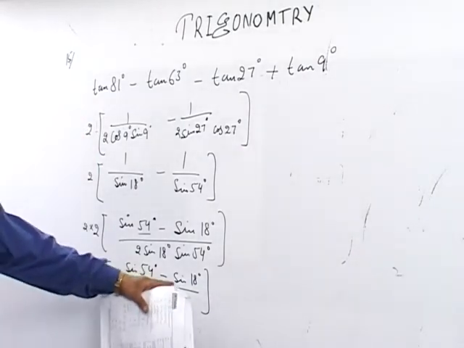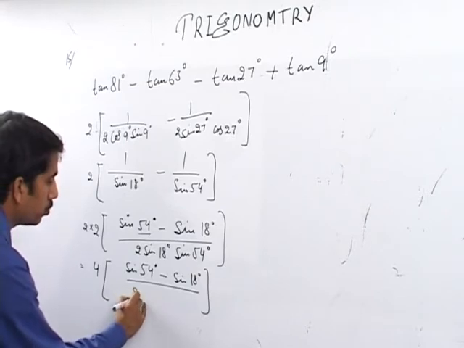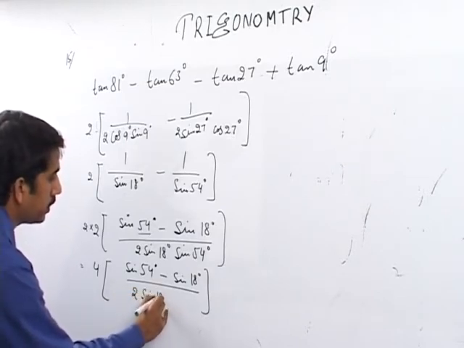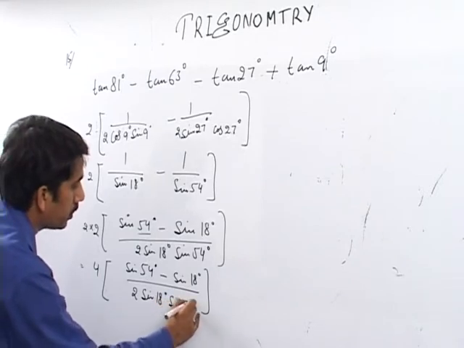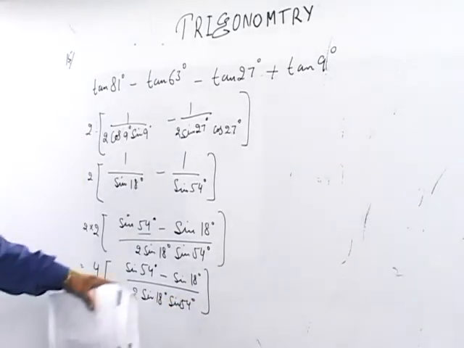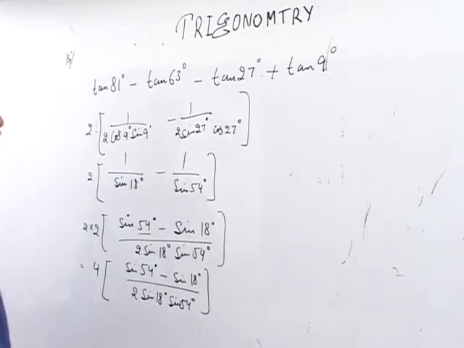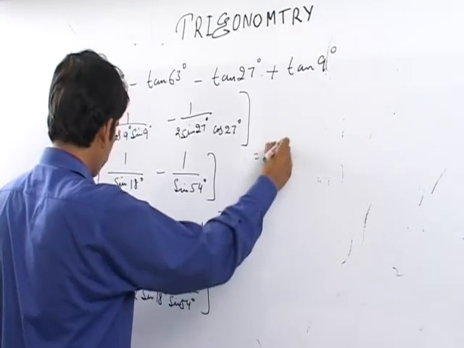This is sin C minus sin D. And when you calculate this sin C minus sin D, this will come out 4.